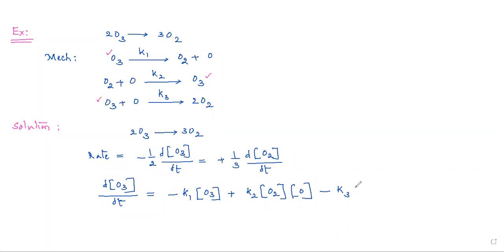So again minus K3 into O3 into O. Isn't it? So this is with respect to ozone.